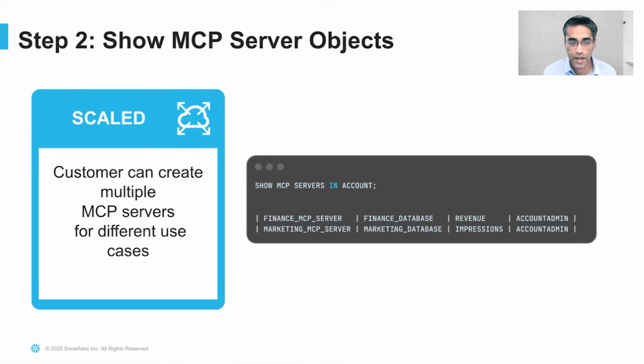A couple of other steps that I wanted to highlight. You can create numerous of these, and you can issue show MCP servers in account to see a listing of all of these MCP servers.